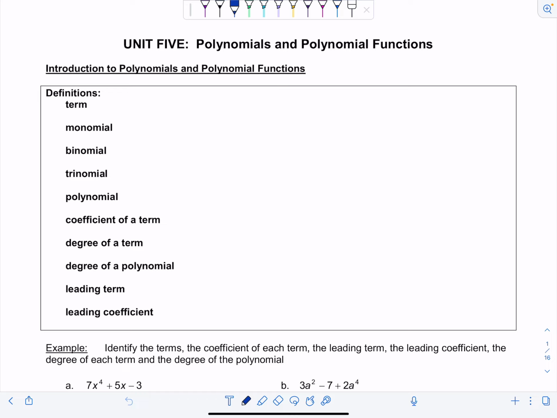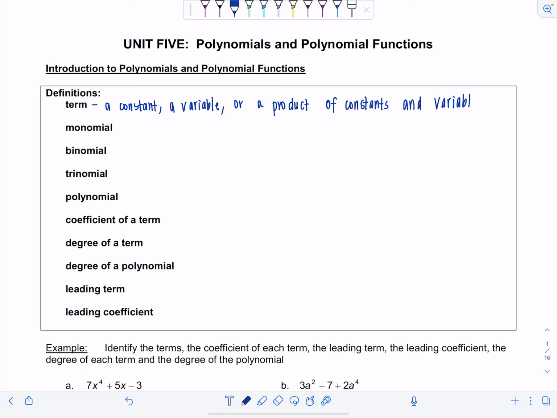When we talk about a term, it can be a constant, or it can be a variable, or a product of constants and variables. Let me show you some examples, okay?